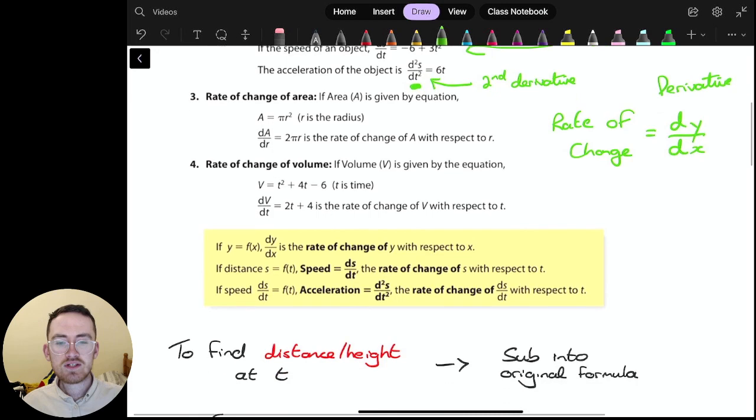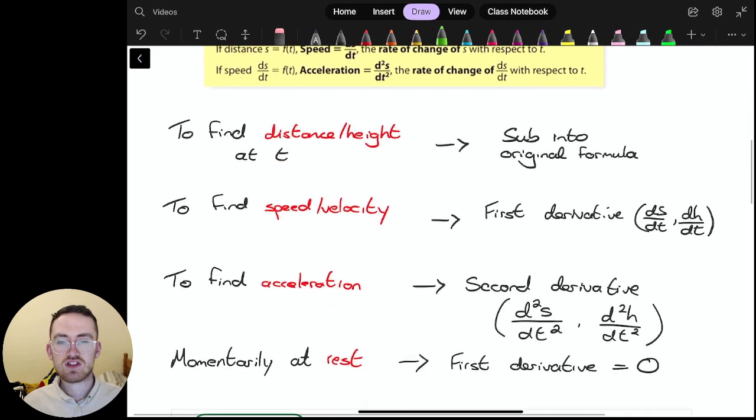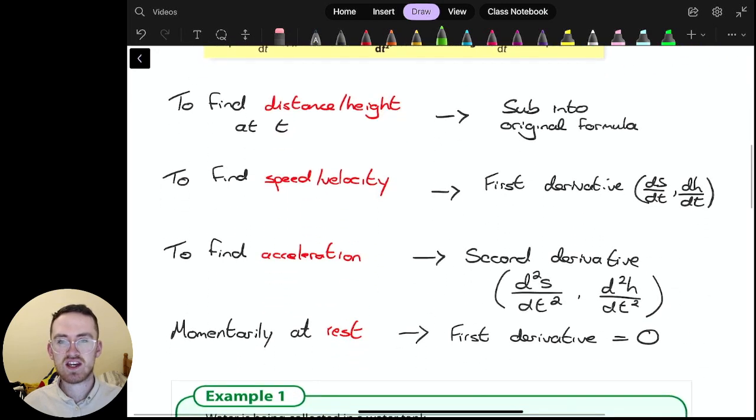What we might want to make note of are these common ones here. We're hoping to understand it a little bit further, but it's worth making note of these things to make sure that we know them as we move on. To find the distance or the height at a time t, we substitute into the original formula. Standard enough. Generally that's what's given, distance or height.